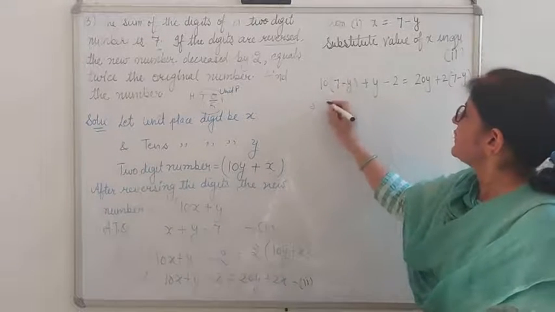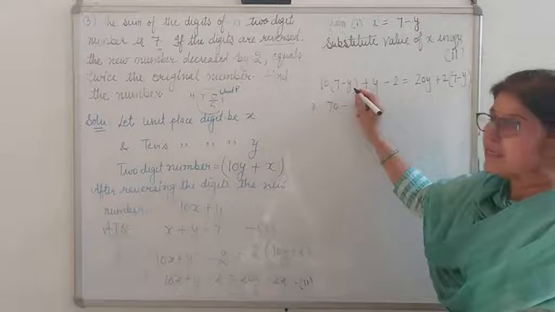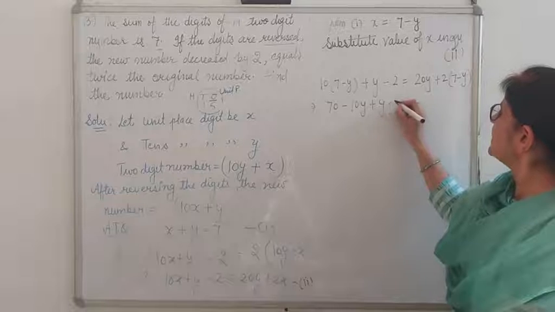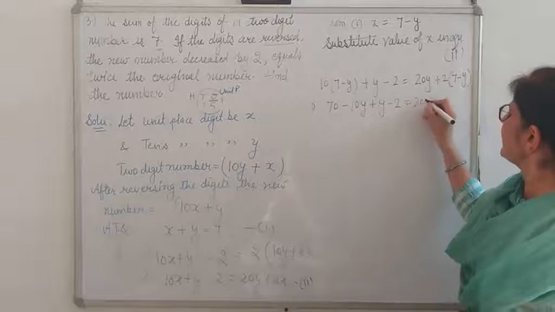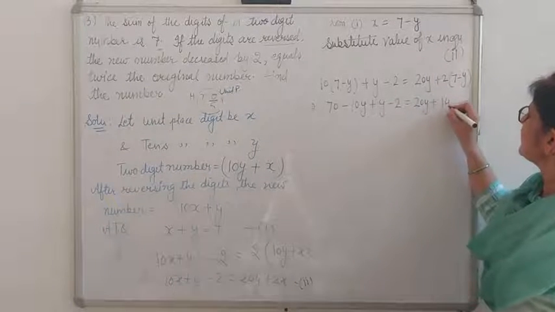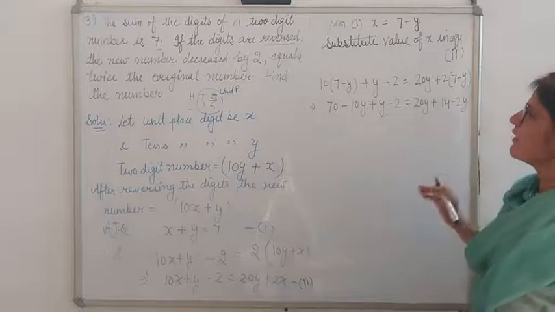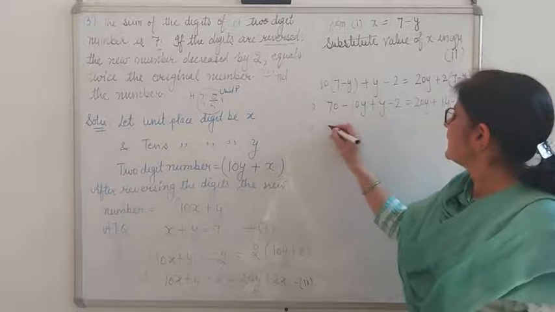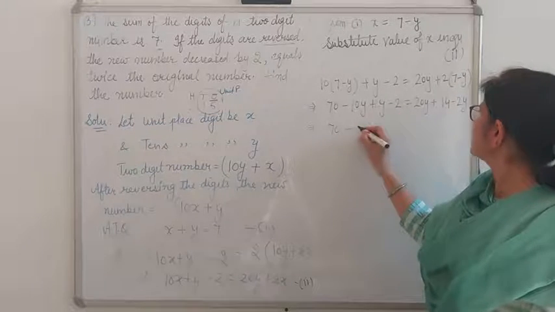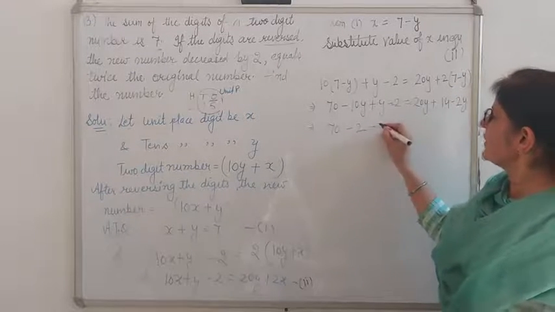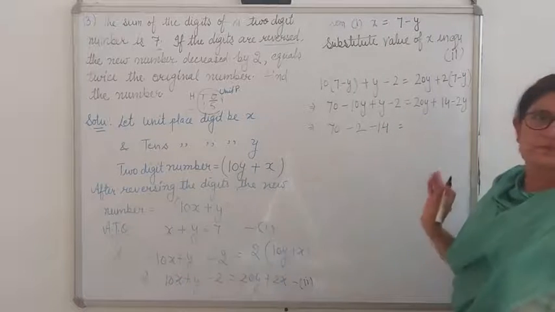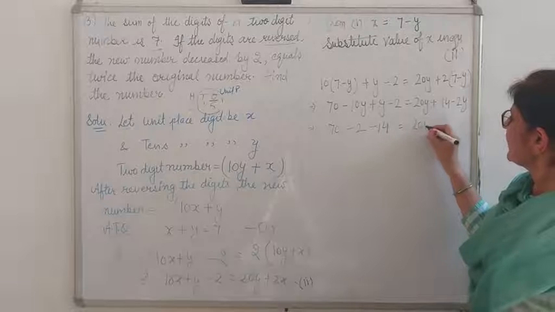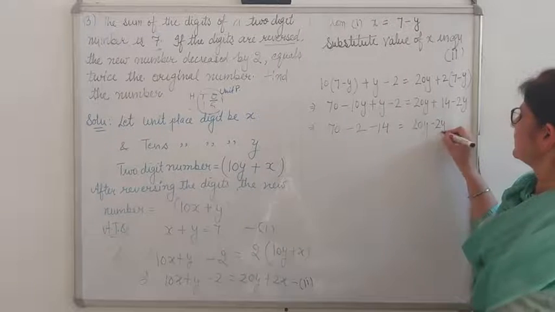So 70, 10 into y, 10y plus y minus 2 is equal to 20y, 2 sevens are 14 minus 2y. All y terms on one side and the rest on the other side. 70 minus 2 plus 14 will come here as minus 14. 20y minus 2y is already here.